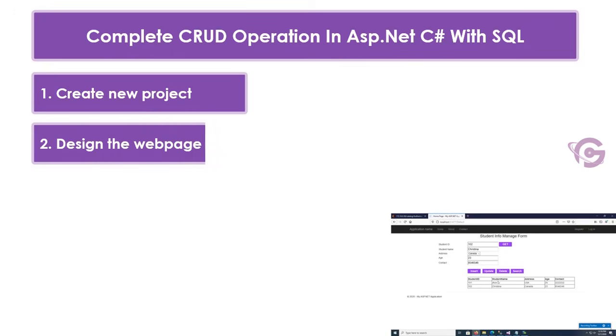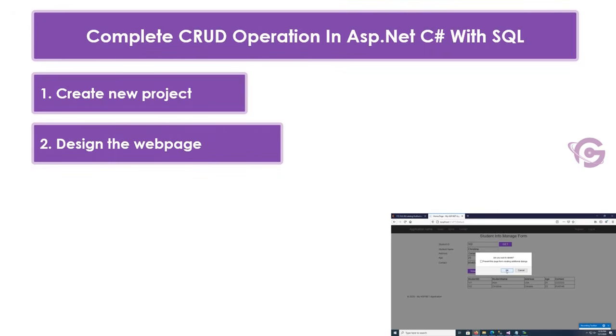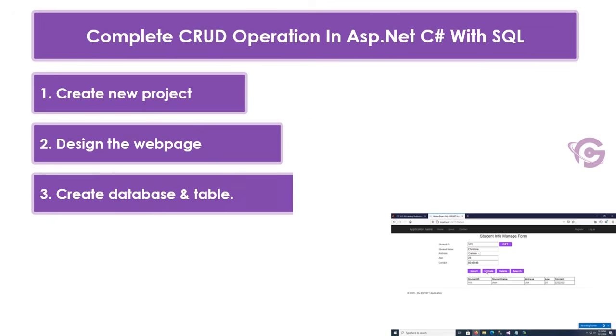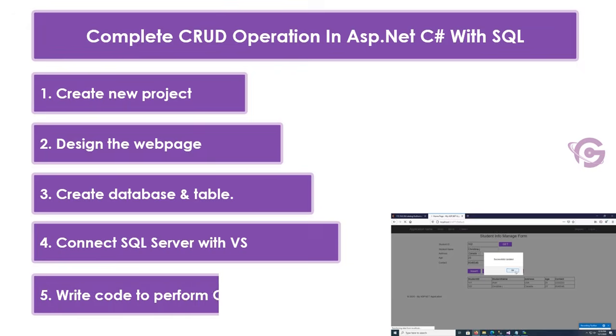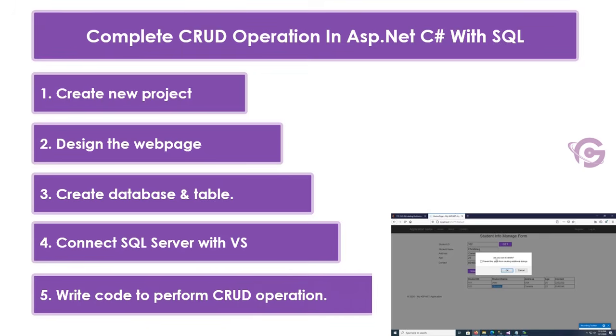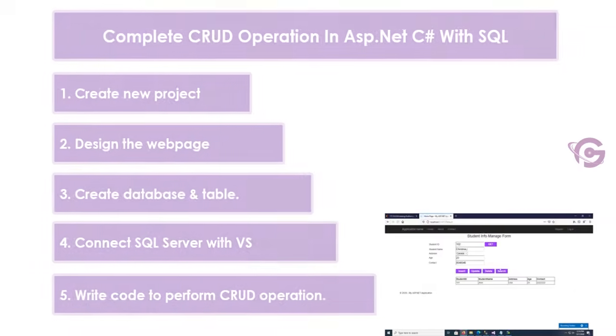Second, design the web page. Third, create the database and table. Fourth, connect SQL Server with Visual Studio. Fifth, write code to perform CRUD operation in ASP.NET C# with SQL.